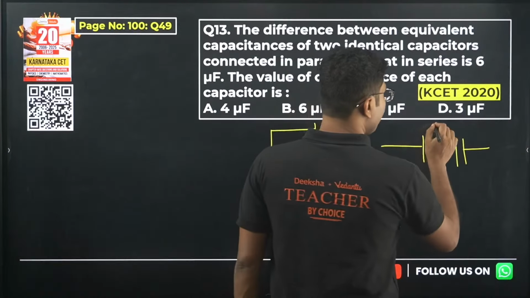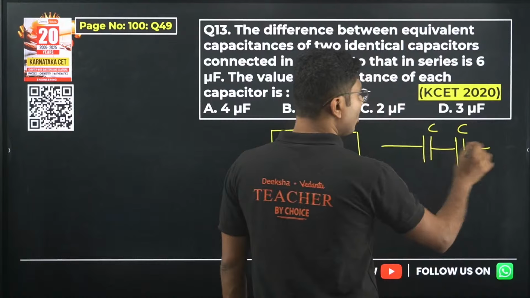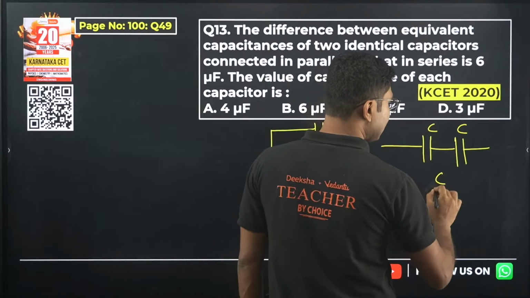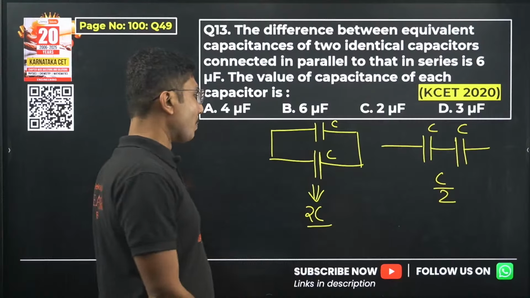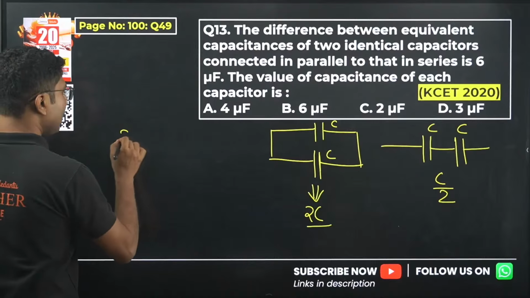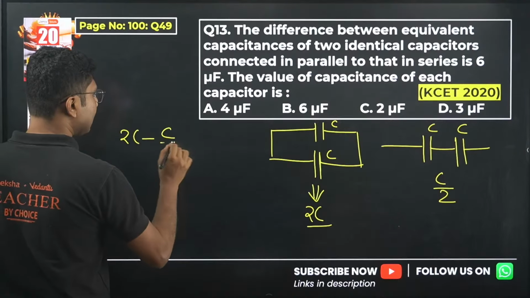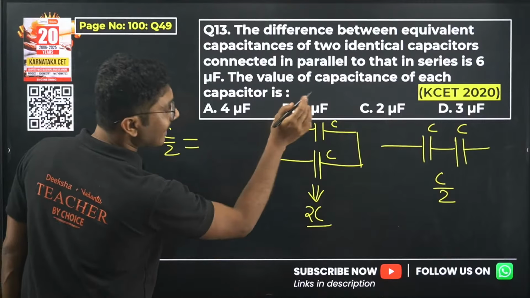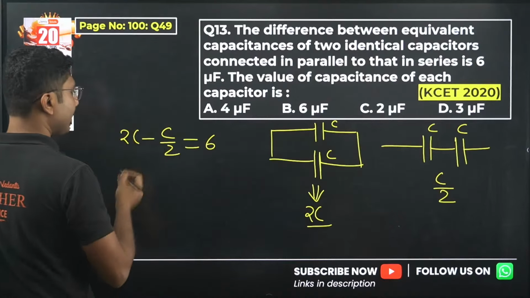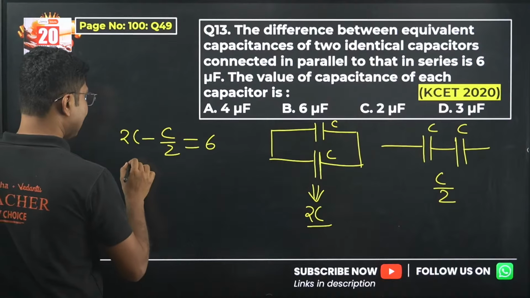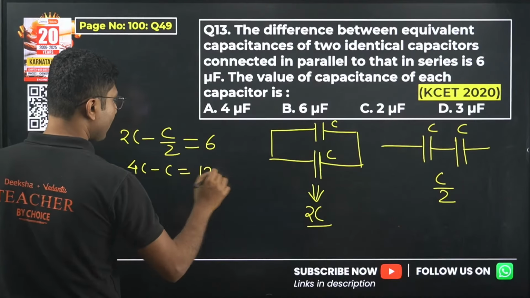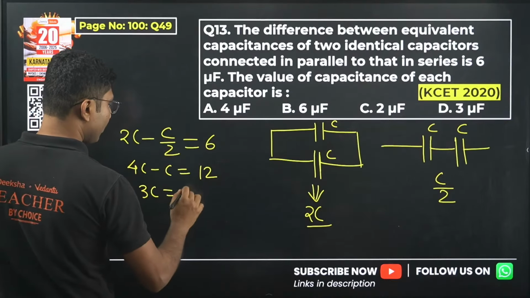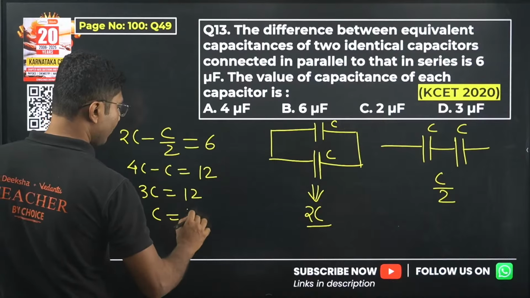So here we have C and C. Now two equal capacitances connected in series, the equivalent capacitance is given by C by 2. So the difference between them is 2C minus C by 2, and that is given here as 6 microfarad. You have to calculate C. Easy. So 4C minus C equals 12, or 3C equals 12, or C equals 4.